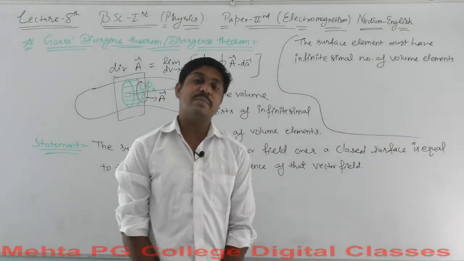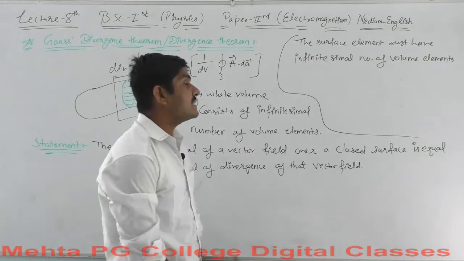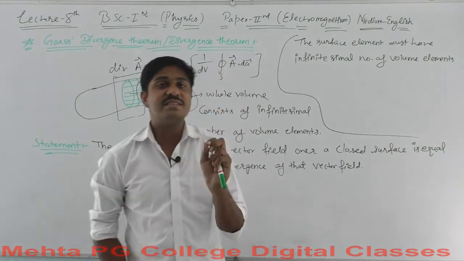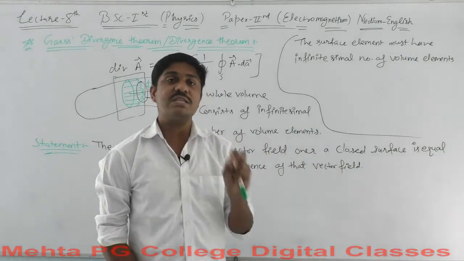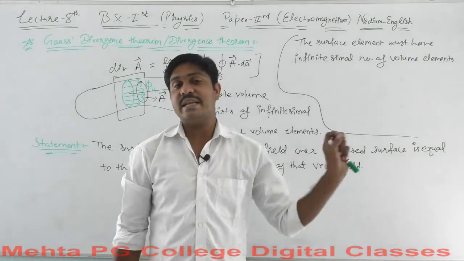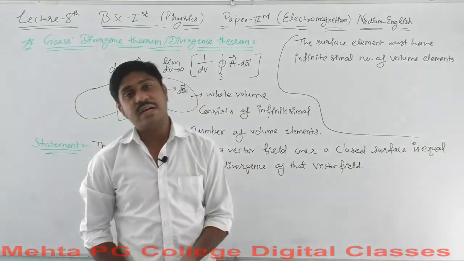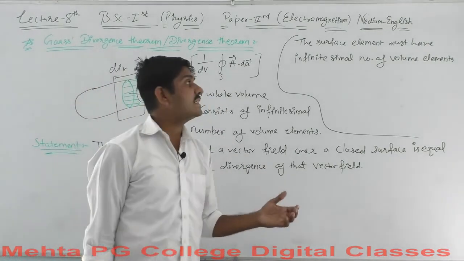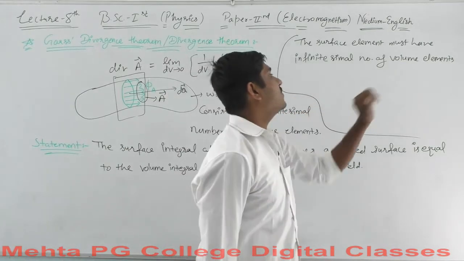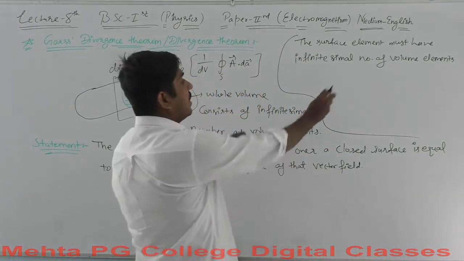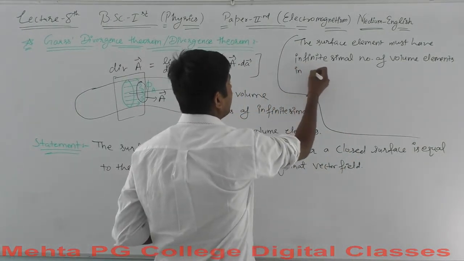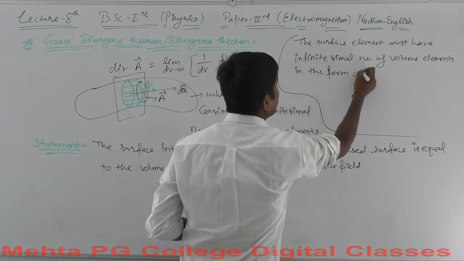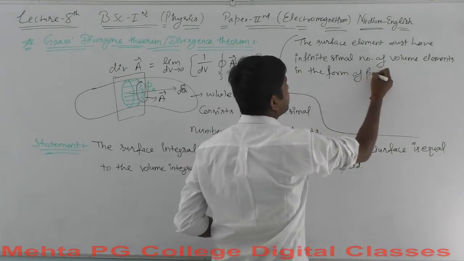If we consider the vector here, then the vector will again have all the components associated with all those infinitesimal volume elements, in the form of parallelepipeds.